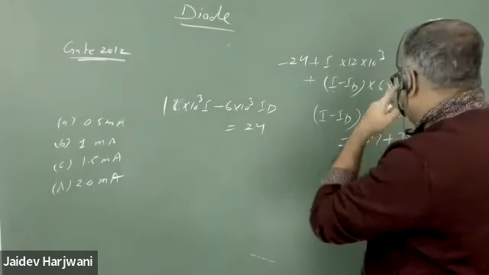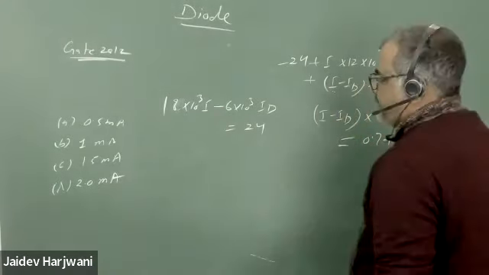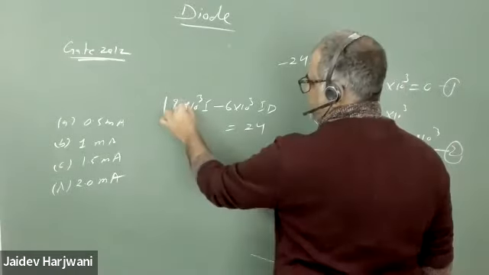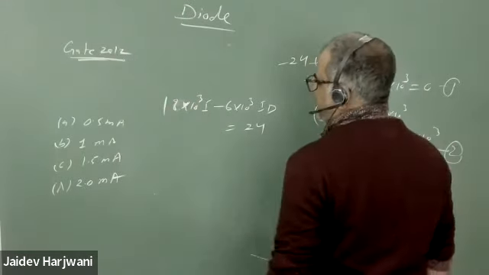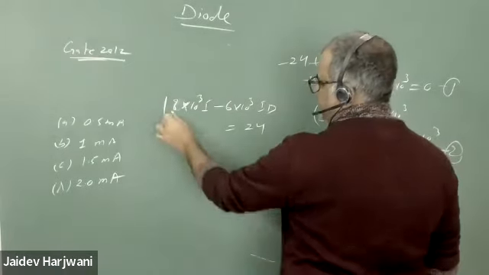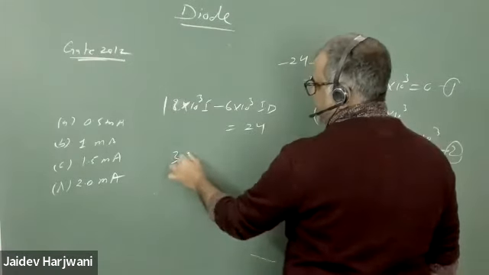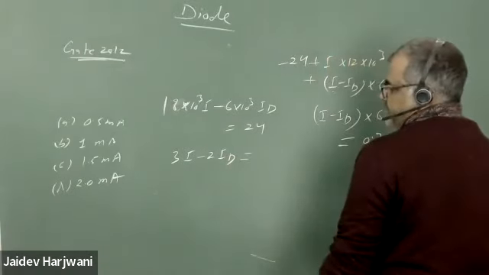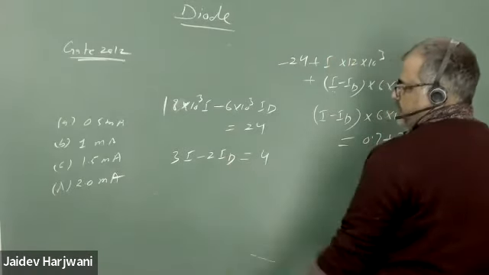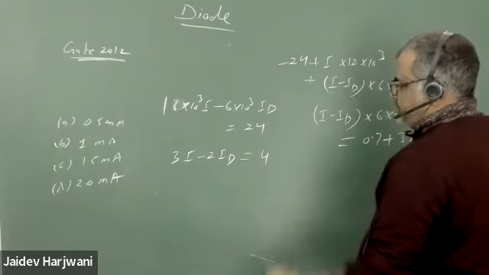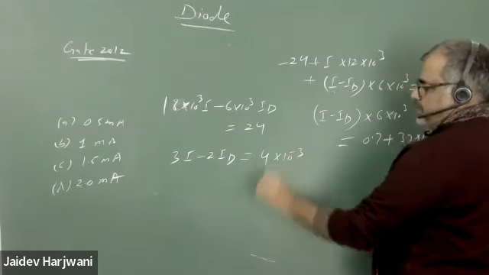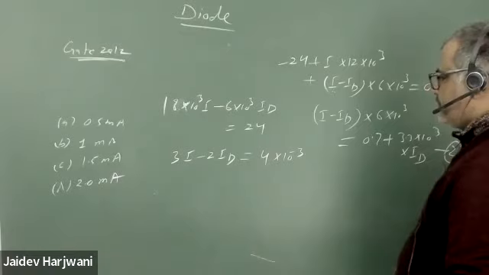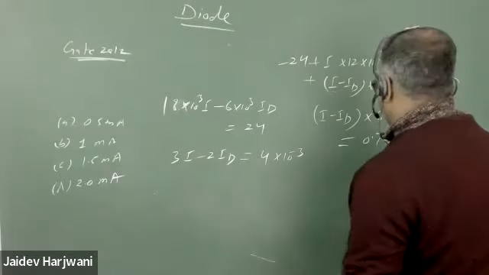If you solve it further, dividing by 6, you get 3I minus 2ID equals 4 into 10 raised to power minus 3.